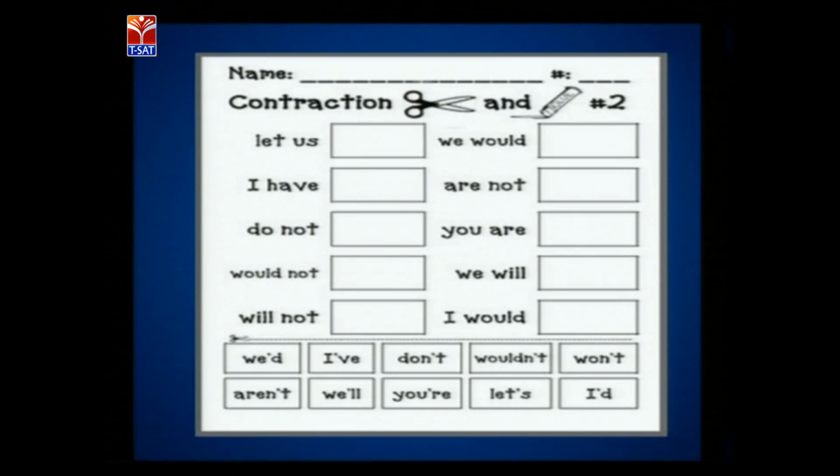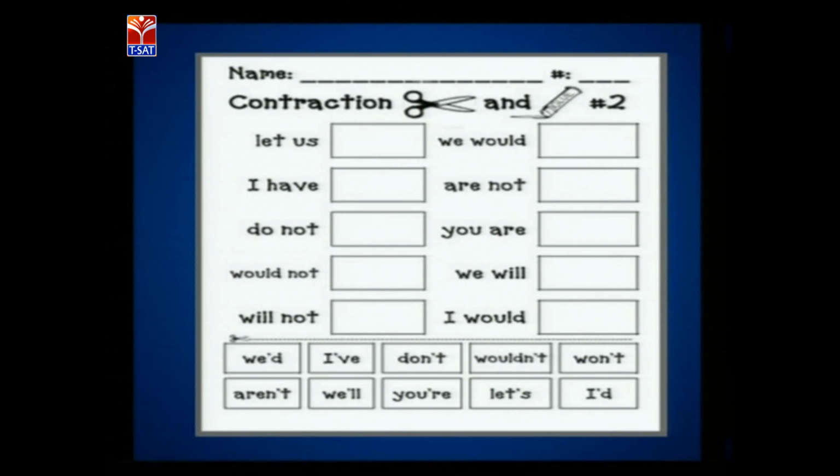First one is let us. In short form, let's: let apostrophe s. Second one, I have: I've. Third one, do not. You know this, it's a very common word: don't. Fourth one, would not: wouldn't. If it is will not, won't. We would, we'd.